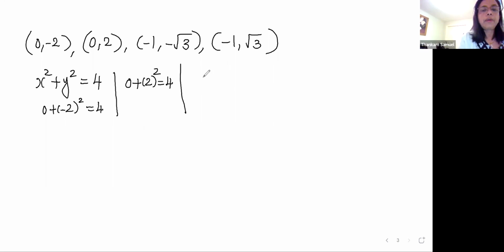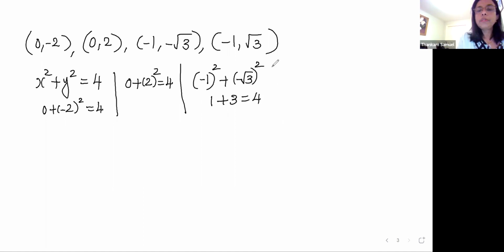For the third value, (-1) squared plus (negative square root of 3) squared, that is 1 plus 3, that is also 4, right? For the last value, (-1) squared plus (square root of 3) squared, that is 1 plus 3, that is also 4.